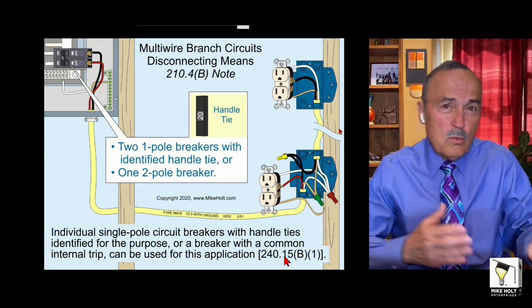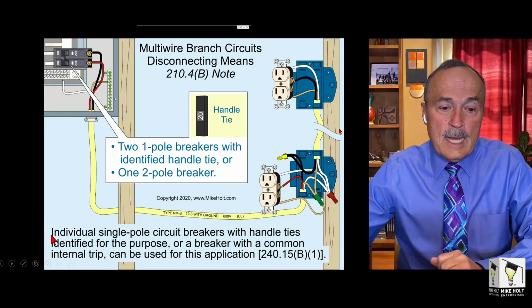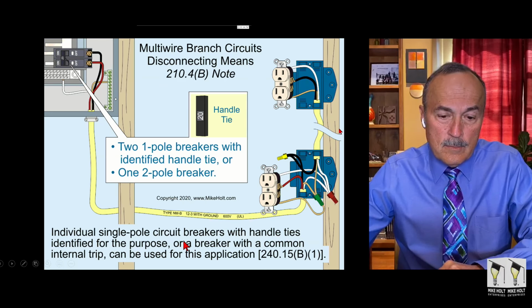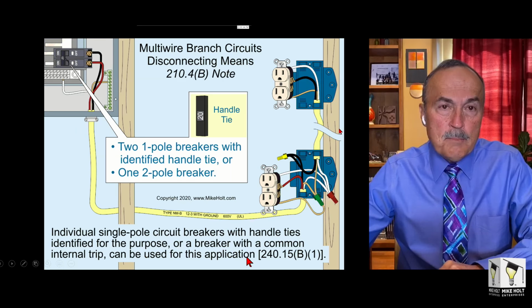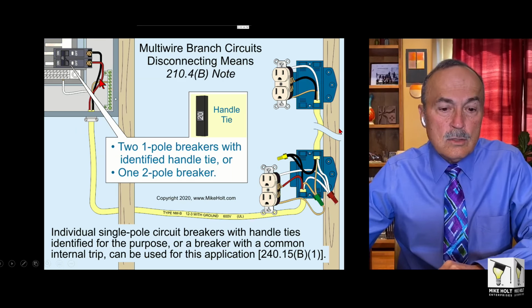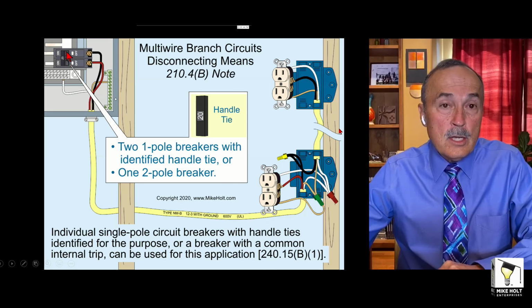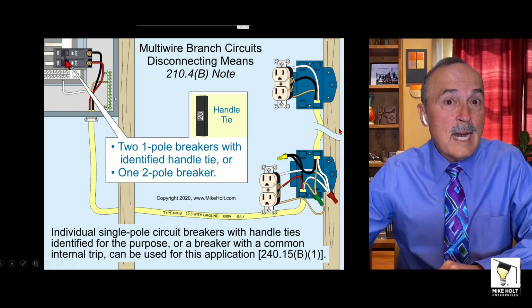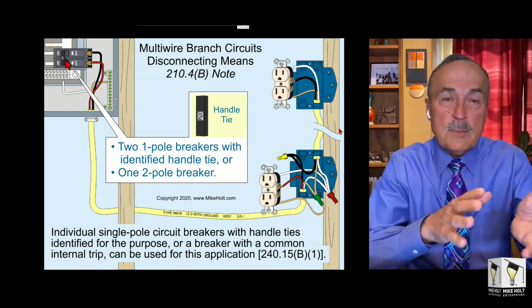It's one code rule letting you know about another. And it says individual single pole breakers with handle ties identified for the purpose, or a breaker with a common interrupt, can be used for this application. So for a multi-wire branch circuit, you're either going to put 2 single pole breakers with identified handle ties, or it's going to be a common trip. Either way is fine. It doesn't have to be common trip.